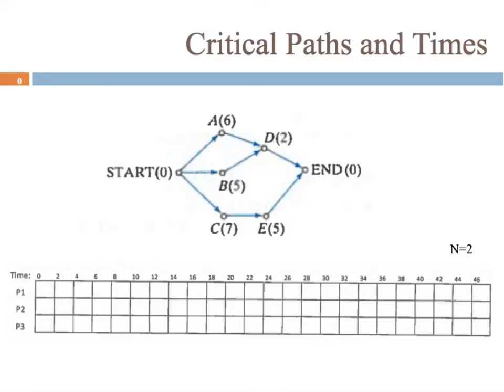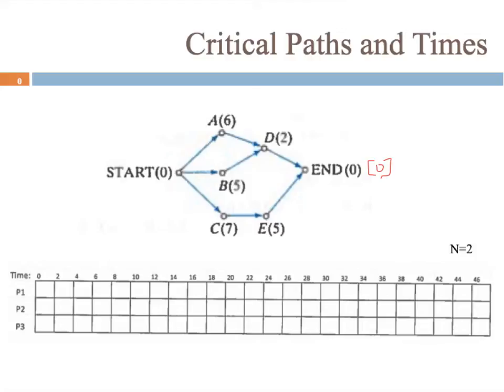So now we'll go to a little simpler example. The endpoint, in this digraph, we're going to give the critical time of 0. Okay, and using that backflow algorithm, we're going to find the critical time for each task.